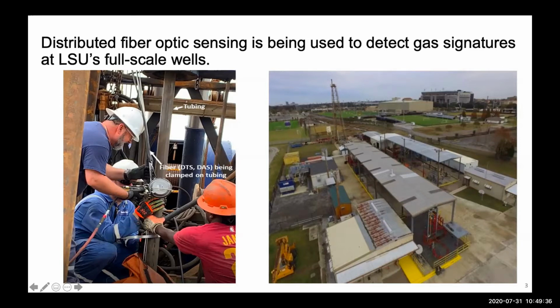So this allows us to have sort of a position and a time for the gas, which in turn allows us to calculate its velocity, which is extremely important because knowing the velocity of the methane gas rising allows an operator to know how much time there is before the gas reaches the oil rig, which is important for making decisions like whether or not they should evacuate or whether there's something they can do to salvage. And the data was actually collected on the LSU campus from the wells that they have there.